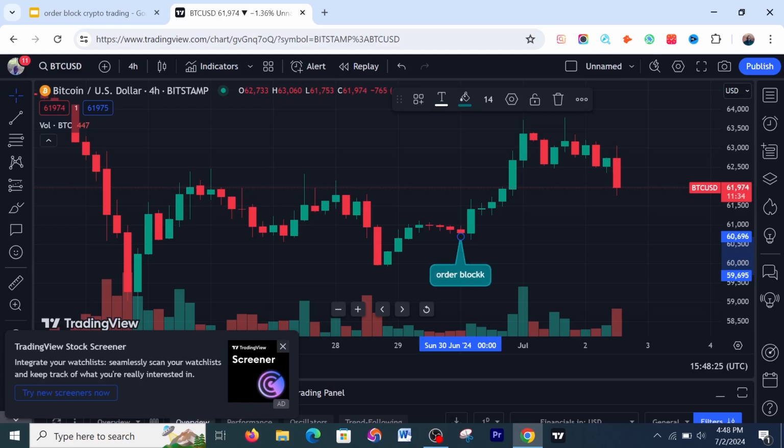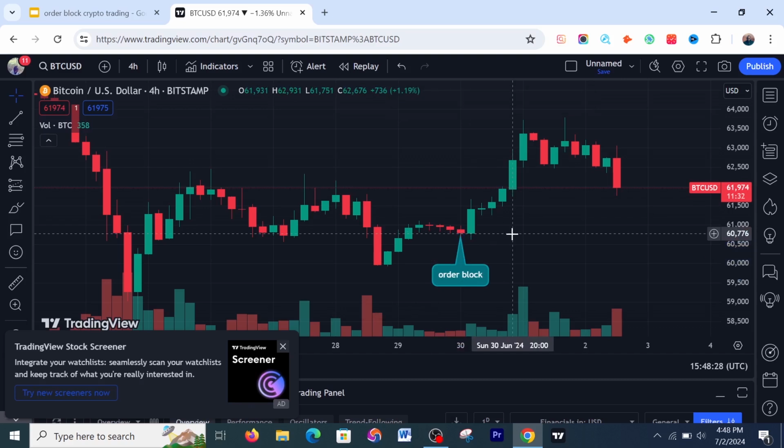You see that candle, because it's the last red candle before a series of up candles, and oftentimes it has a low selling volume, because the bears are beginning to lose steam.